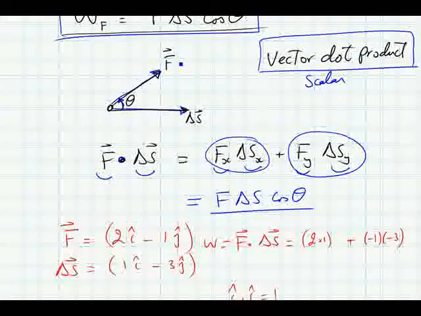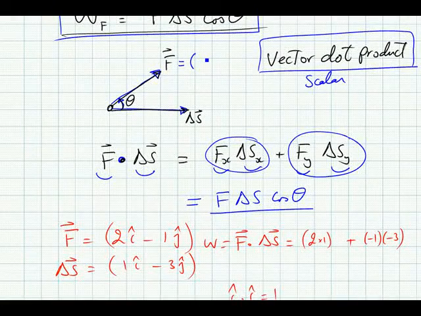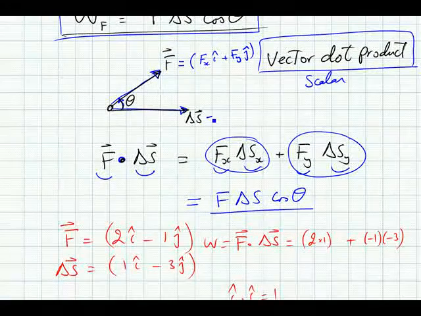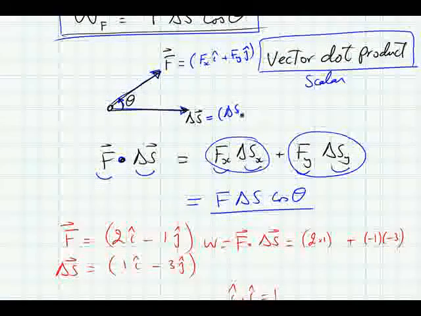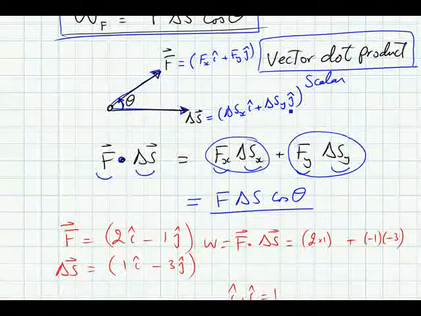If you remember, you could write your vectors in the unit vector form, Fx i plus Fy j, and delta S similarly is delta Sx i plus delta Sy j.